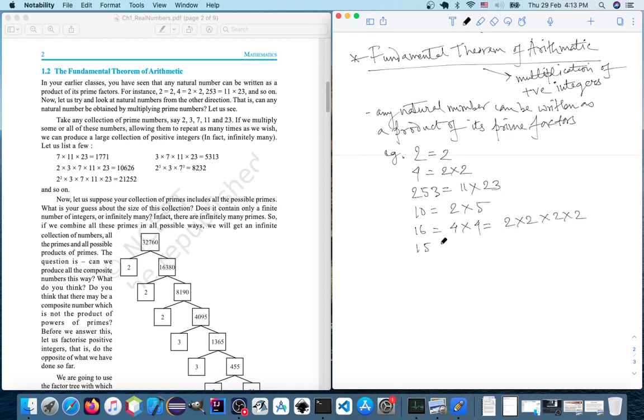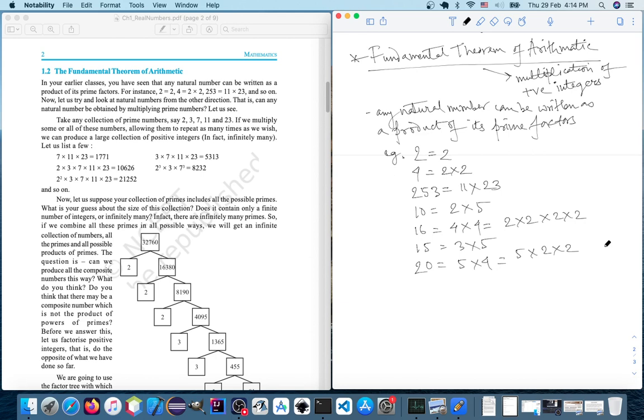Just 3. 3 is a prime number, 5 is a prime number. Let's say 20. 5 into 4, which is 5 into 2 into 2. So the prime factors of 20 are 5 and 2. We have the factor 2 twice and 5 once. So in this way, any natural number can be written as a product of its prime factors.